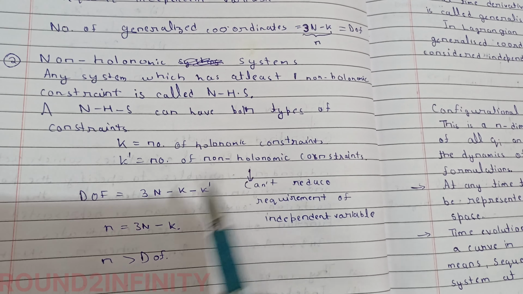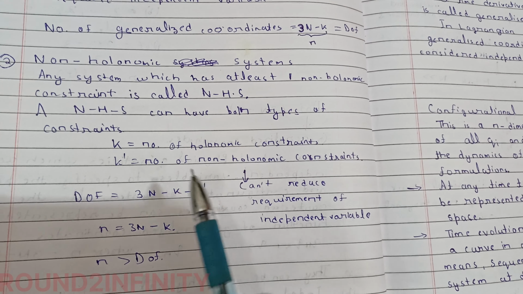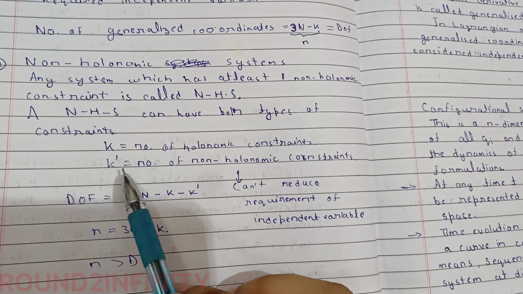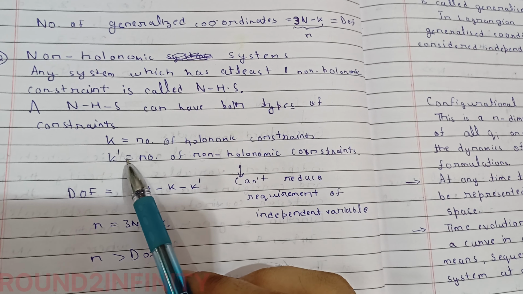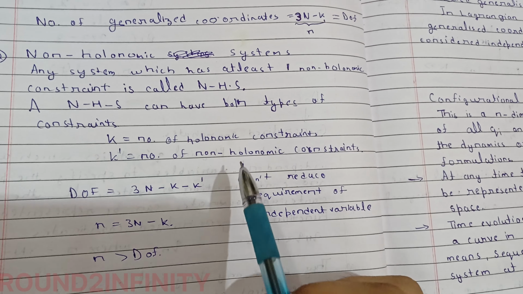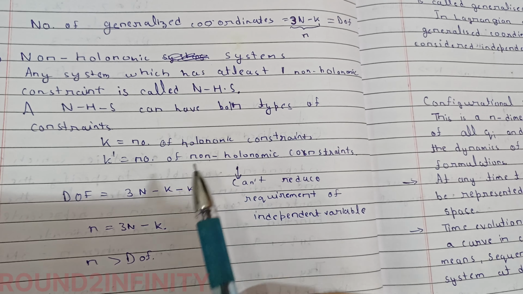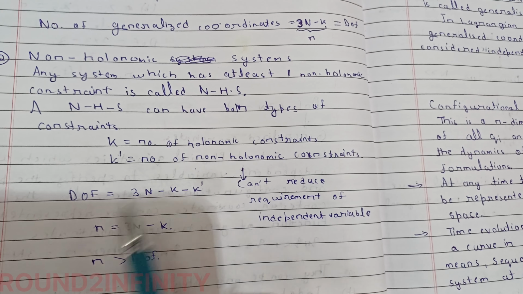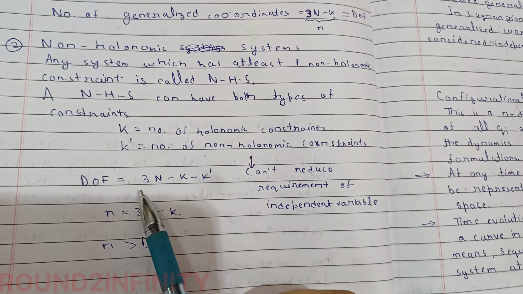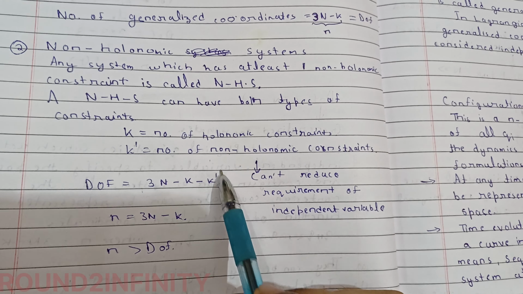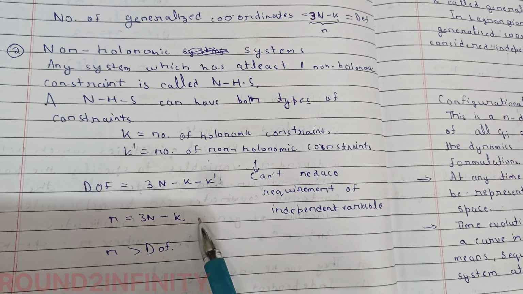So the total degree of freedom will be 3n minus k dash, because this non-holonomic constraint applies some restrictions, so it is reducing the degrees of freedom, but it can't reduce the independent variables. So it won't reduce the generalized coordinates, but it will reduce the degree of freedom. So the degree of freedom will be this, but the generalized coordinates will be 3n minus k only.